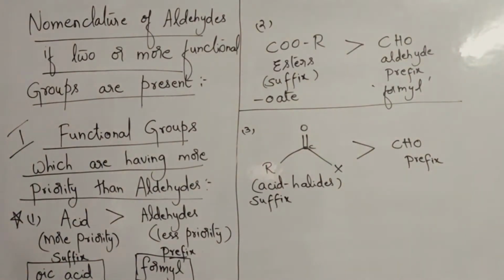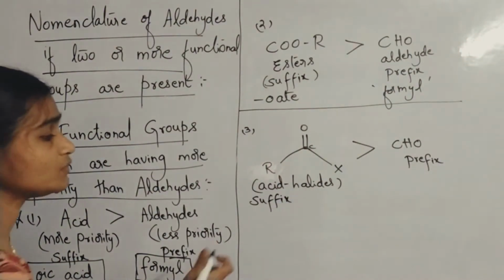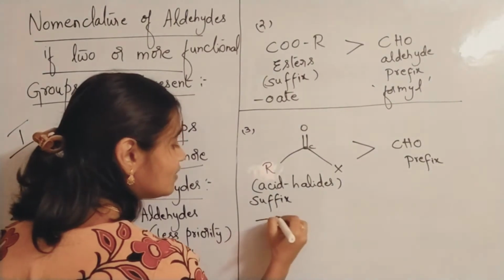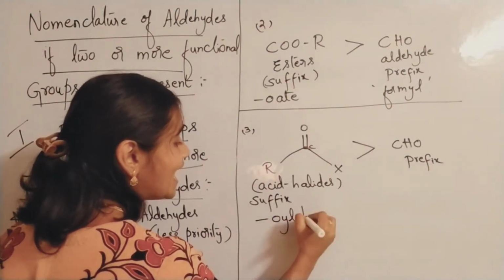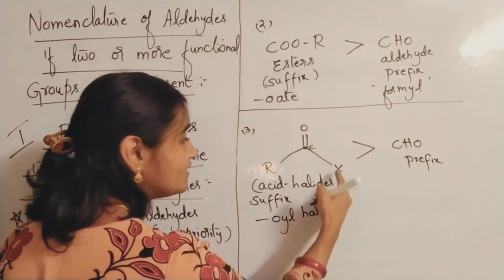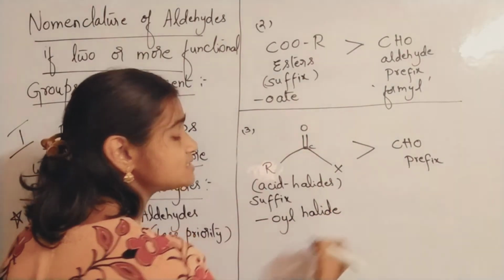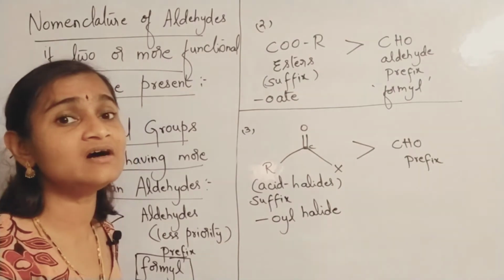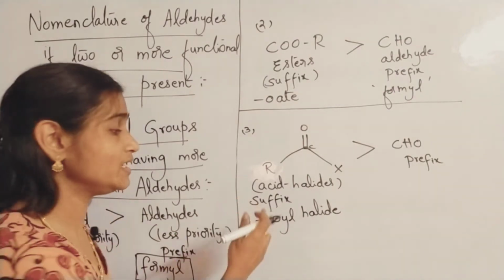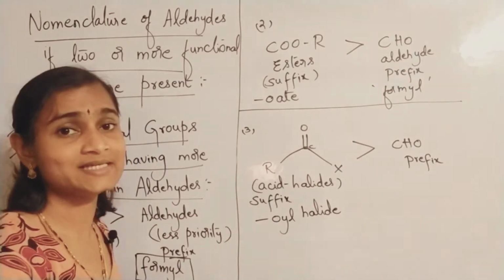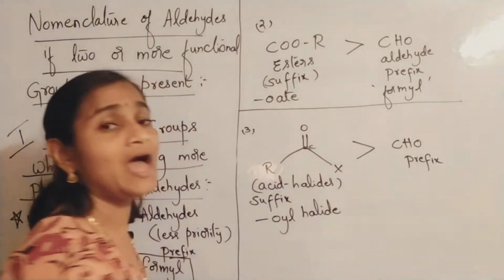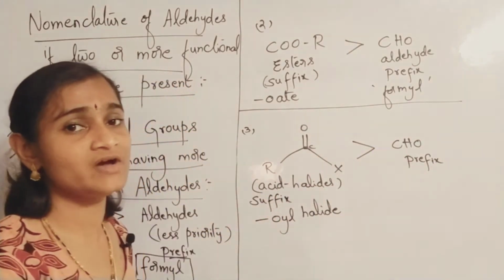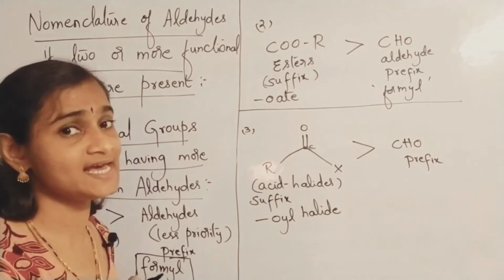Oyl halides. The suffix will be oyl, O-Y-L. Suppose if that halogen is chloride, oyl chloride, oyl bromide, you will give the naming like this. In such case, aldehyde will become less priority functional group than acid halides.